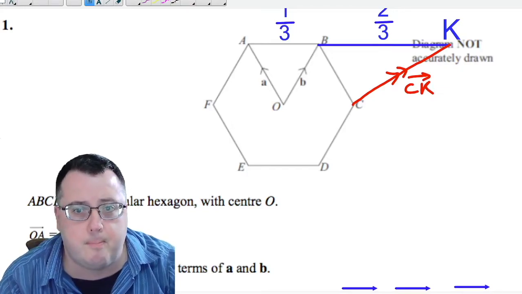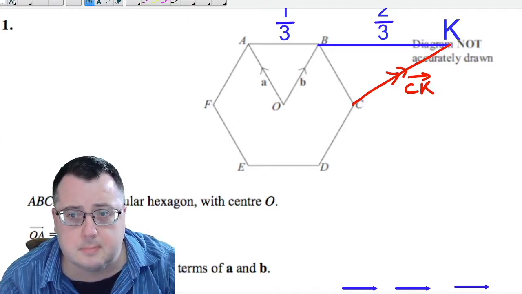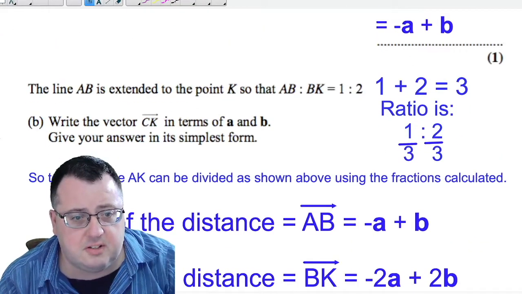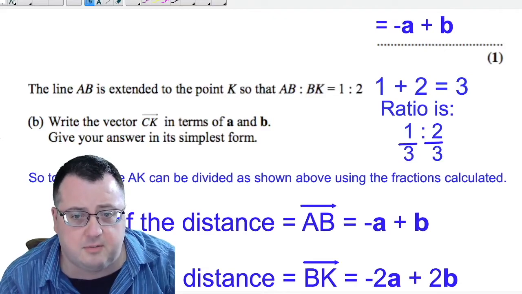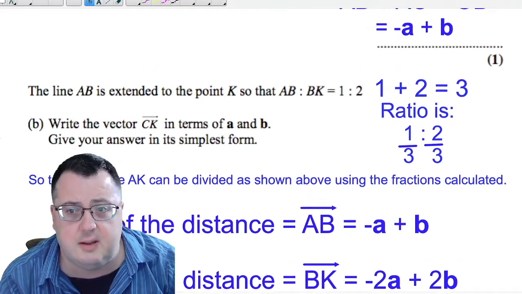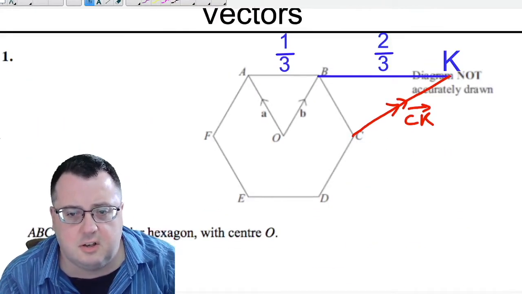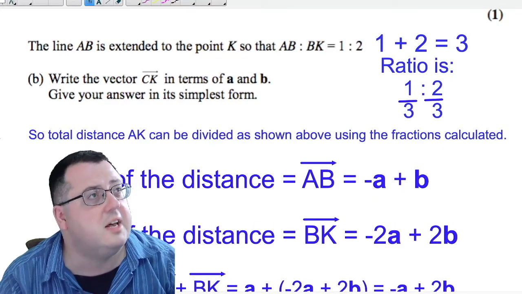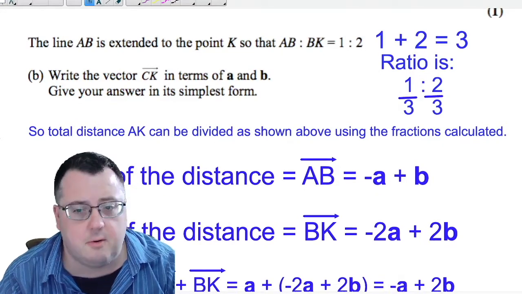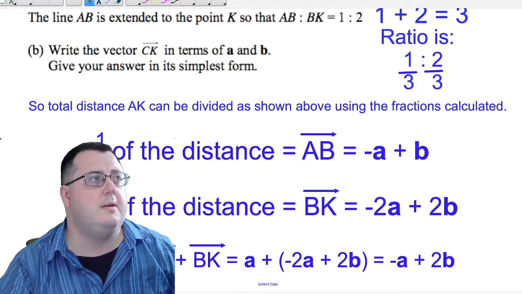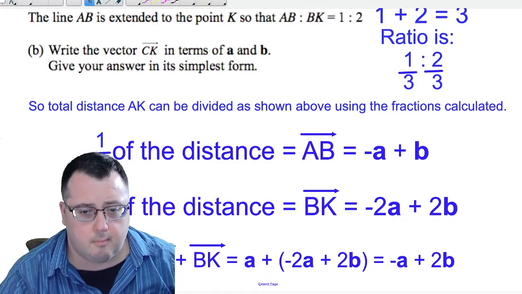So the total distance A to K can be divided as shown. 1/3 of the distance AB, that's that distance, equals minus A plus B. So B to K must be double that, minus 2A plus 2B.